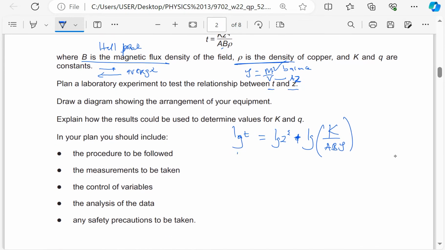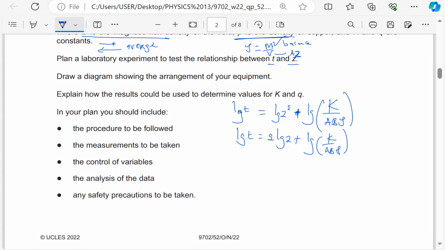So I'm going to simplify this to be log of T equals Q log of Z plus log of K over A B rho. So this is going to be a straight line if I plot log of T against log of Z. So I'll plot a graph of log of T against log of Z.